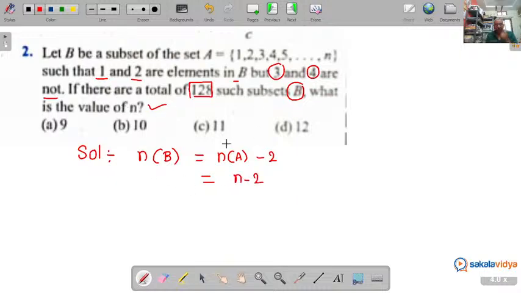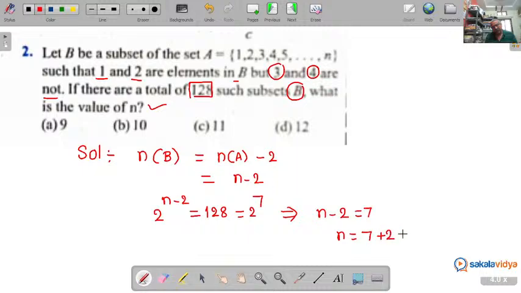So total number of subsets of B, 2 to the power of n minus 2, is equal to 128. 128 is equal to 2 to the power of 5, 32, 2 to the power of 6, 64, 2 to the power of 7. So now n minus 2 is equal to 7. So n is equal to 7 plus 2, that is 9.